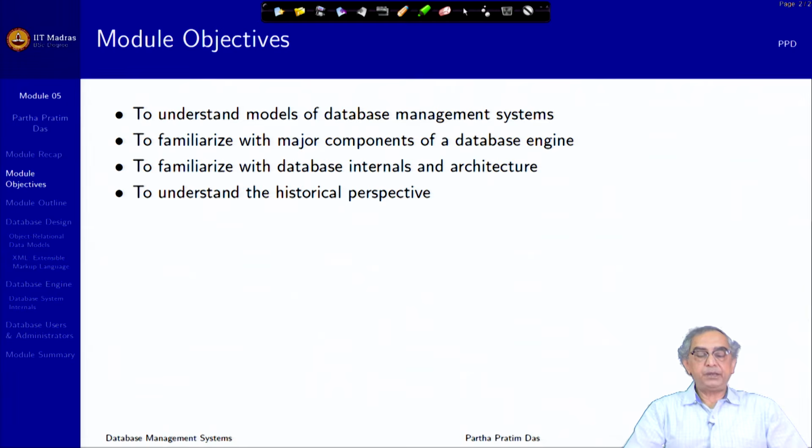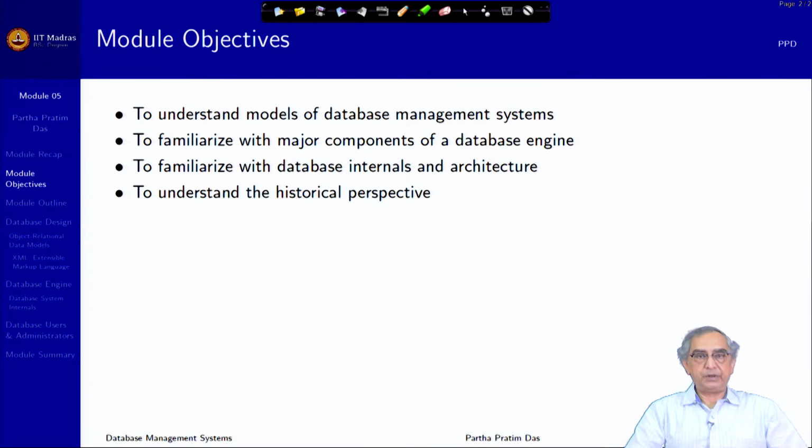and specifically we want to understand models of database management system a little bit more and familiarize ourselves with what is not directly visible, that is the database engine. We have talked about several factors why database systems are a lot more capable than the file based management of data through programming. So, the key components which make that happen are parts of the database engine.